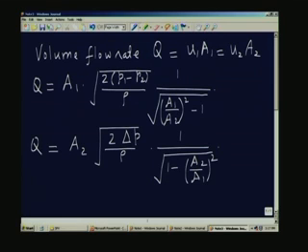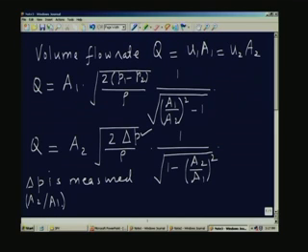So, in a flow measuring device based on the variable area principle, I am going to measure this. Delta p is measured, and the ratio a2 by a1 is also known, because I know the change in the area.